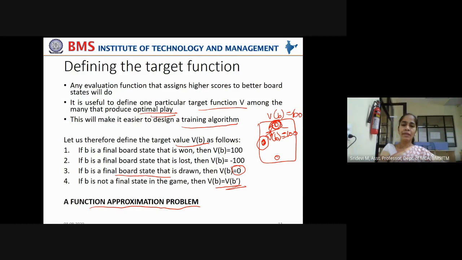That is why we can call this entire problem a function approximation problem. We are just trying to approximate something, not decide on something. We are trying to define a target function by approximating a function that would best describe the entire target function.